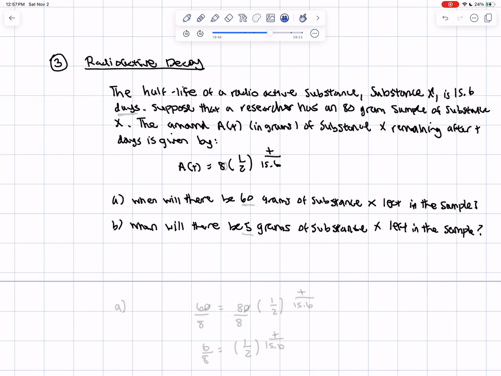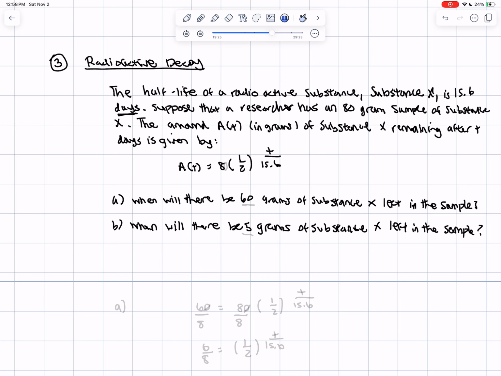Suppose that a researcher has an 80-gram sample of substance X. The amount A of T in grams of substance X remaining after T days is given by A of T equals 80 times 1/2 to the T over 15.6. So when will there be 60 grams of the substance left, and when will there be 5 grams? Both of them are asking the same exact question, but instead of seconds like in your textbook, we're looking at days. So that's our unit here.